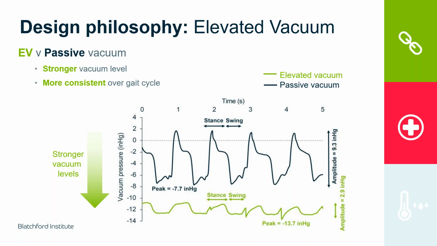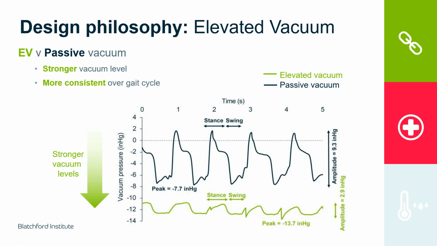So we are looking for a more negative value. And you can see in the elevated vacuum, the green part, that the peak vacuum is just under 14 inches of mercury, while in the passive vacuum, the peak vacuum is just under 8 inches of mercury. So we have a stronger vacuum with the elevated vacuum.